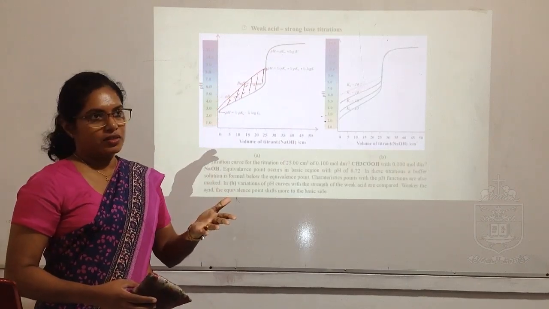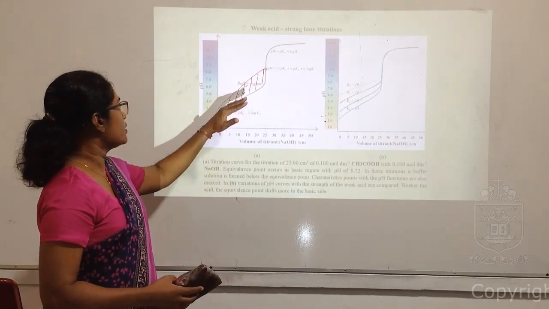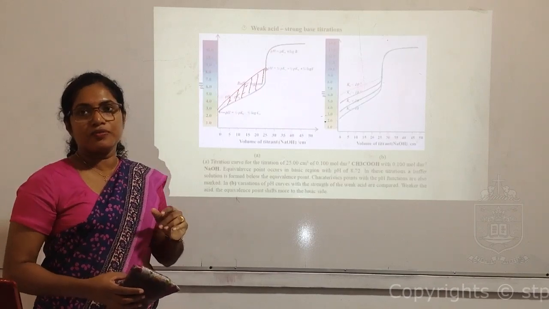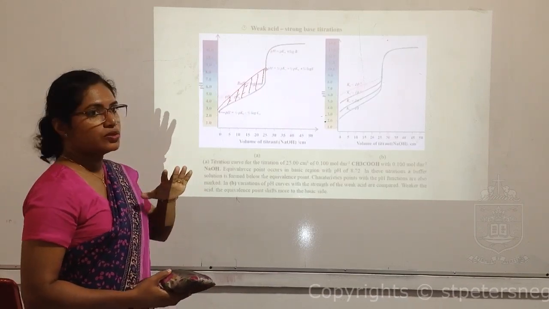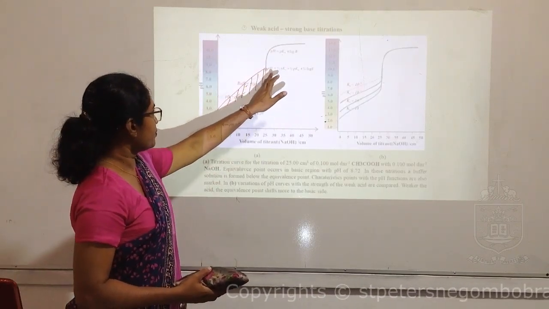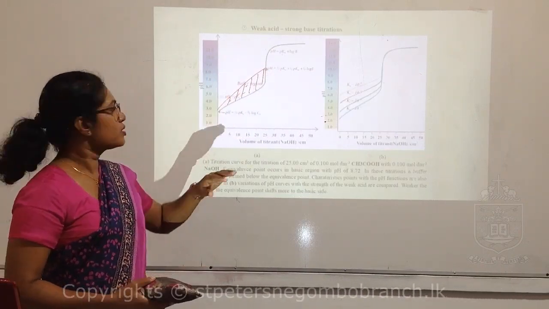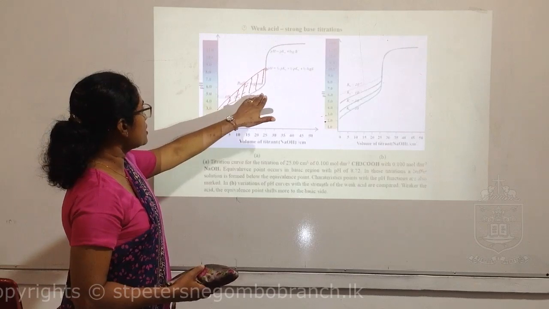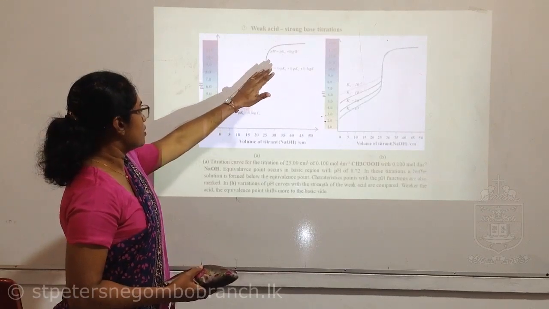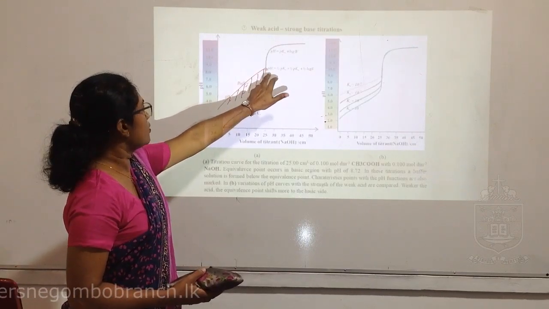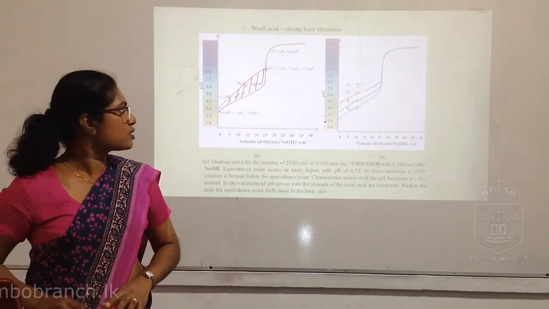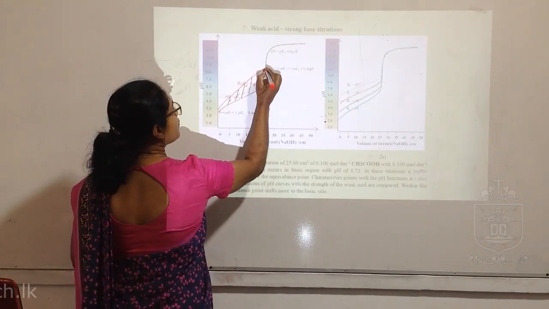In our next lessons we are going to study more about buffer regions. But you should know, in weak acid strong base titration, the buffer region lies below the equivalence point. This is the equivalence point.